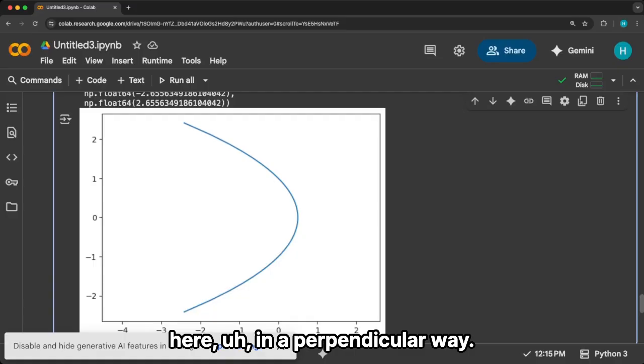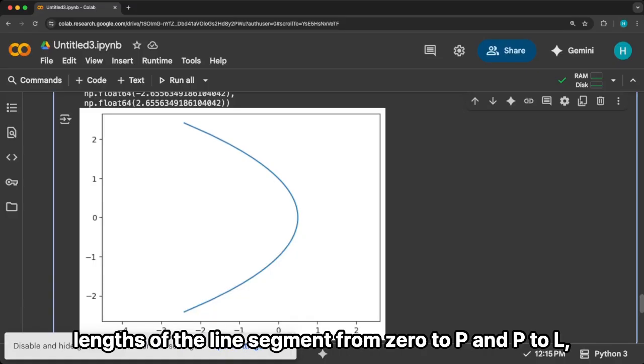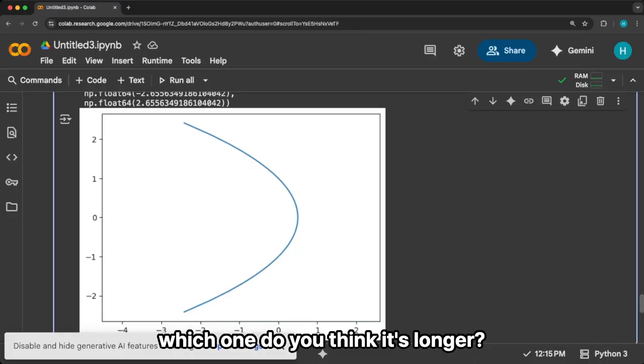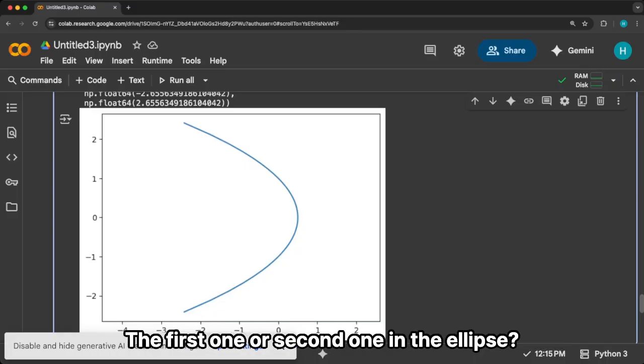If you compare the length of the line segment from O to P and P to L, which one do you think is longer, the first one or the second one, in the ellipse?